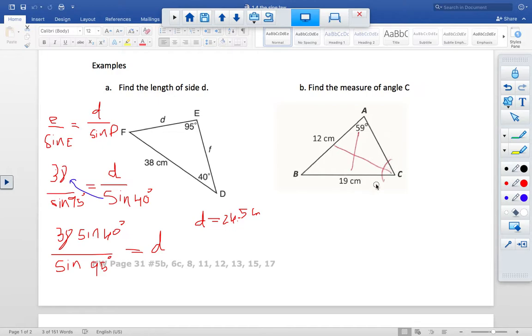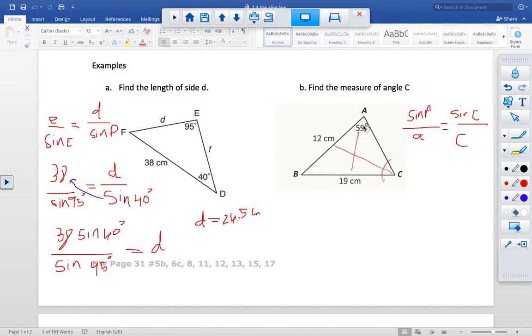Since I'm looking for an angle, I have to use the second formula, which is sine A over A equals sine C over C. That's the small c. So I just fill in the blanks.